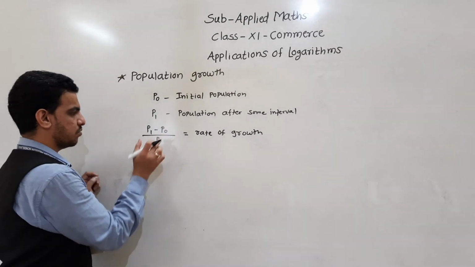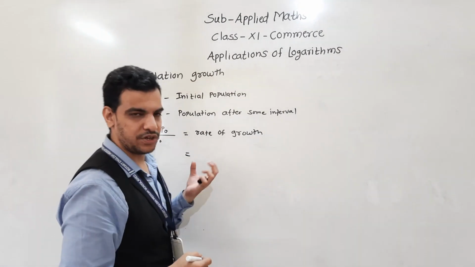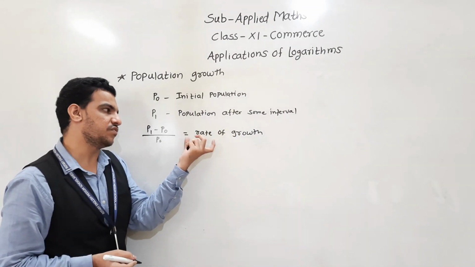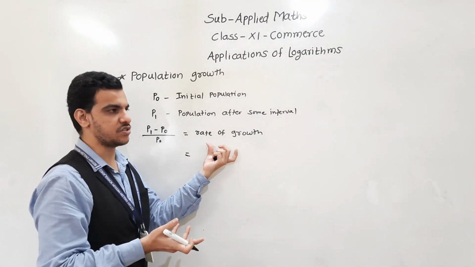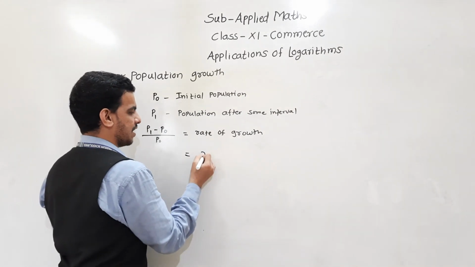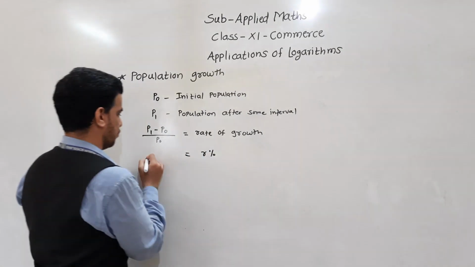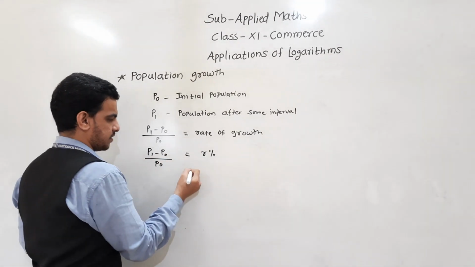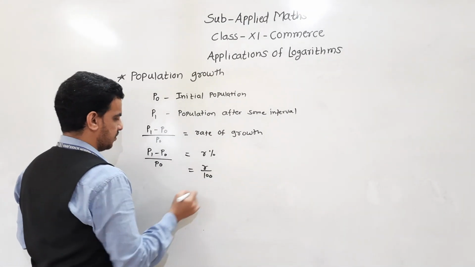So (P1 minus P0) upon P0, and the rate of growth, when we count it, is in percentage. So suppose it is R%, so (P1 minus P0) upon P0 is equal to R%, that is R by 100.